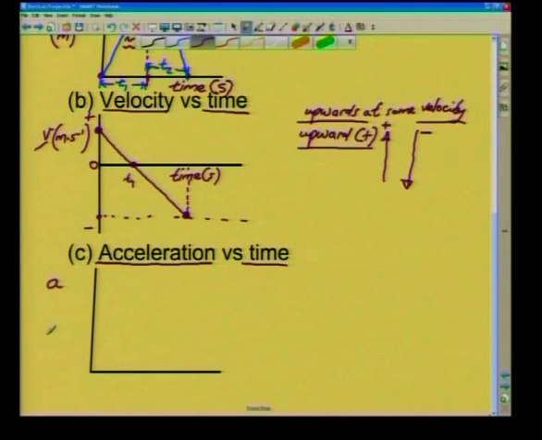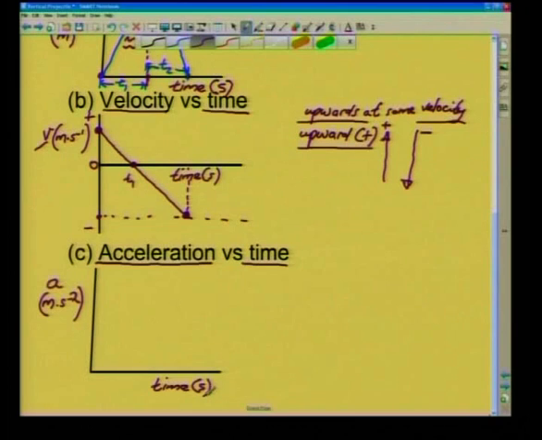It is not changing over time, okay? So if we have our acceleration due to gravity here, this is acceleration due to gravity measured in meters per second. This is the time axis measured in seconds, right? Pardon me, acceleration due to gravity is measured in meters per square second, not meters per second.